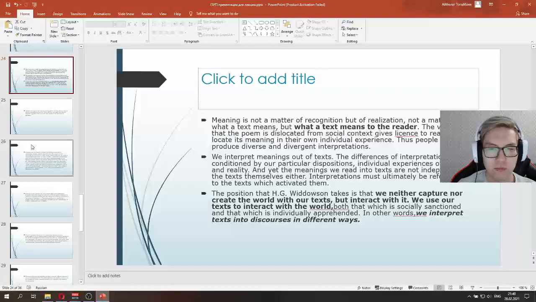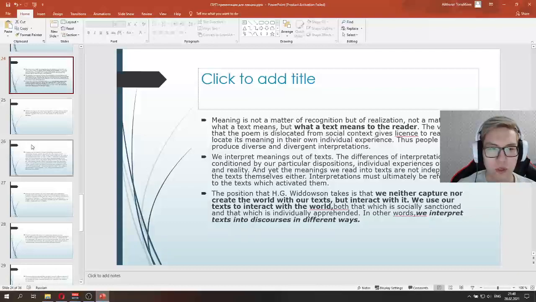The position that H.G. Widdowson takes is that we neither capture nor create the world with our text, but interact with it. We use our text to interact with the world, both that which is socially sanctioned and that which is individually apprehended.